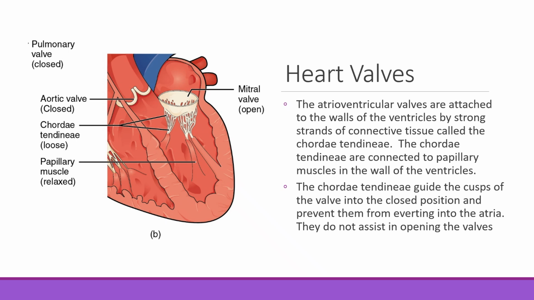The handlers are just guiding those balloons down the road and making sure they don't go the wrong direction. That's kind of what the chordae tendineae are doing. They're guiding the cusps, the flaps of the valves, and making sure they go back into position correctly.